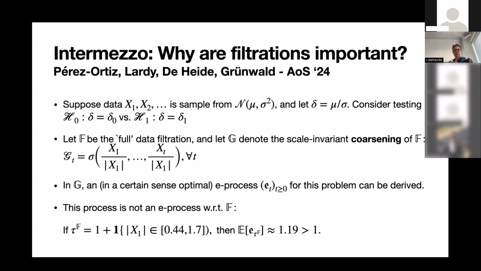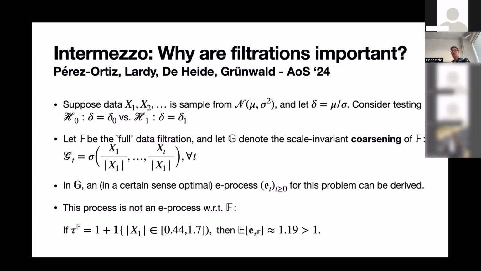And so there are different filtrations that you then have. You have the full data filtration that does take the scale into account, but you can also define e-processes on a coarser filtration, so also a filtration that is ignorant of the scale. And you can define, in a certain sense, an optimal e-process on that coarser filtration.